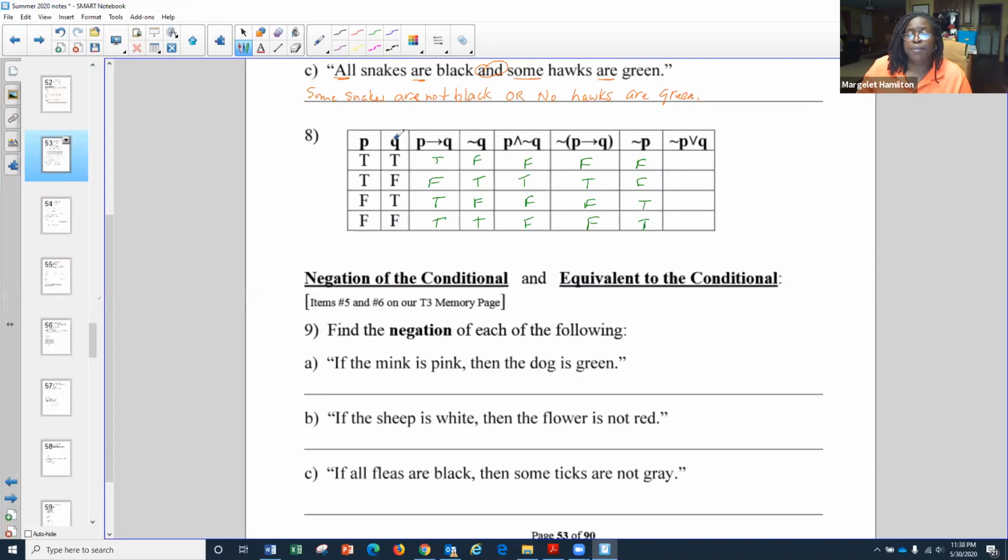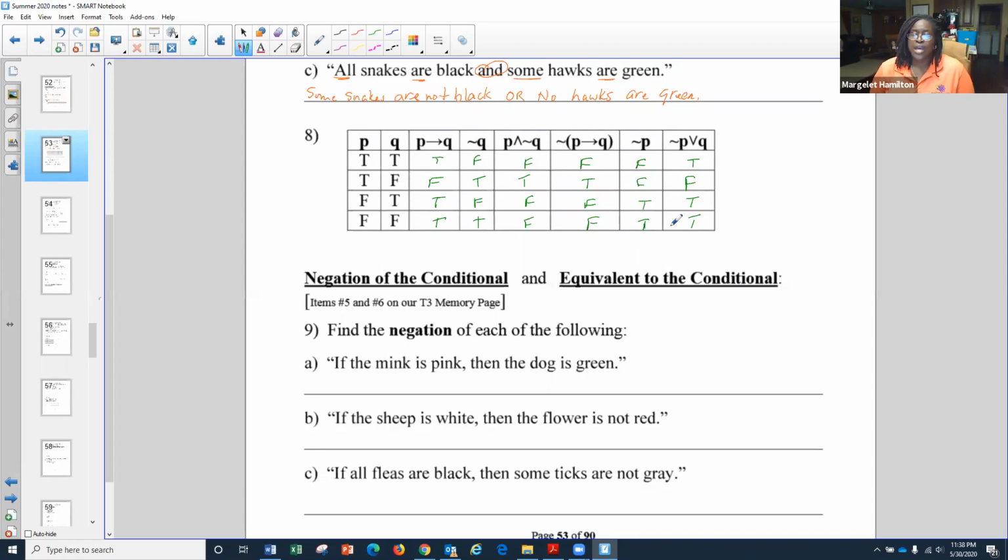So looking at not P and Q, I'm looking for 2 F's. So keep your focus now. No. Right here I see 2 F's. You see that? It's an F. Nope. And nope. So the rest of them have to be T's. All right, did you get that?